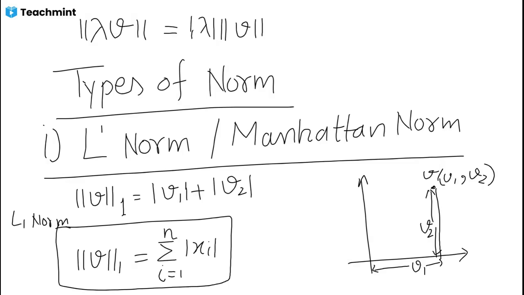Got it? Now let us find the L2 norm. Another name for this is the Euclidean norm.